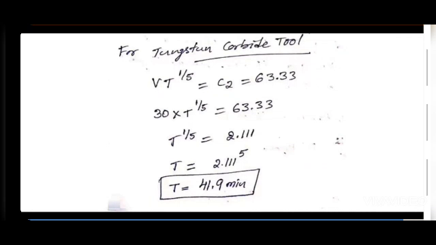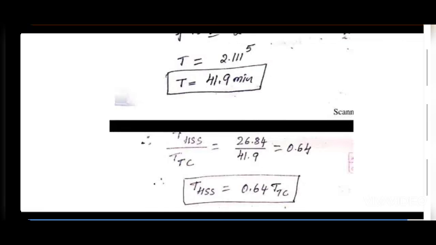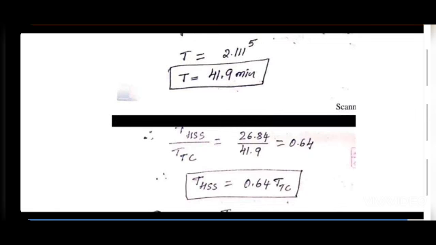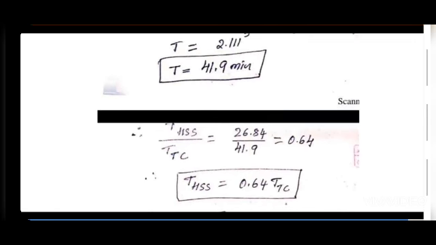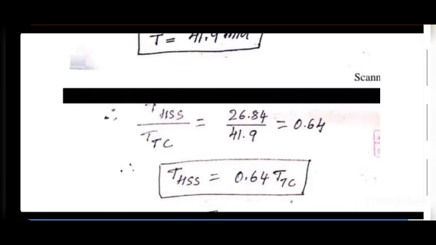In the problem statement, they ask to compare the tool life of carbide and HSS tool. You take the ratio of T suffix HSS divided by T suffix TC, where TC means tungsten carbide. Tool life of HSS is 26.84. Tool life of tungsten carbide is 41.9. If you take the ratio, it gives 0.64.